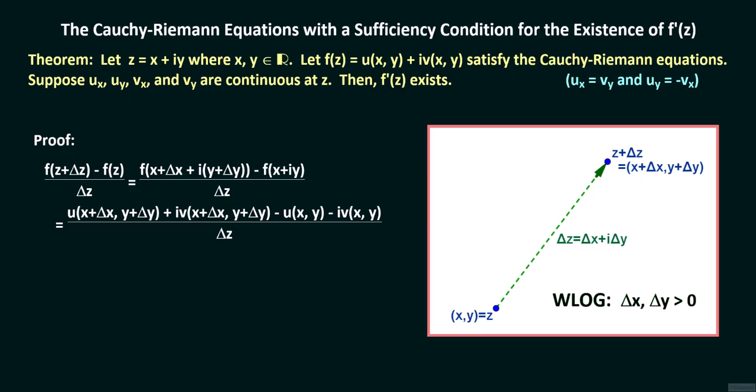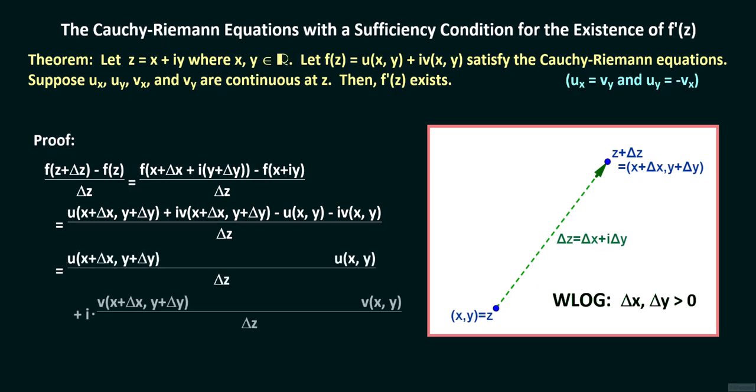We split up the difference quotient into its real and imaginary parts. We will not go straight from z, or the point x,y, to z plus delta z, or to the point x plus delta x, y plus delta y. We will make a detour by first going vertically from the point x,y to the point x, y plus delta y. So we subtract u of x,y from u of x, y plus delta y, and similarly, we subtract v of x,y from v of x, y plus delta y.